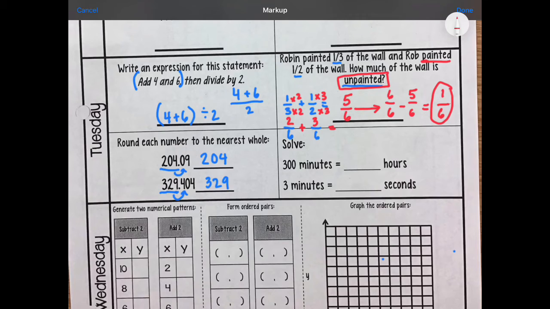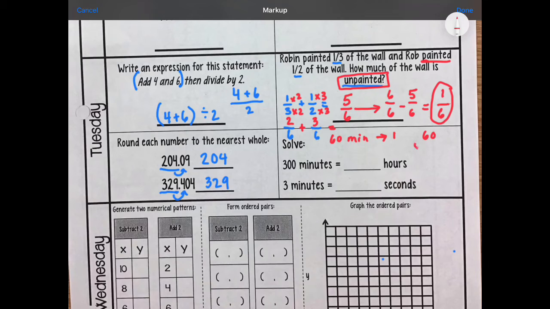So our last problem says we need to solve 300 minutes equals how many hours? Well, I know there are 60 minutes in 1 hour. So if I have 300 minutes, how many hours am I going to have? I'm going to just start taking guesses.